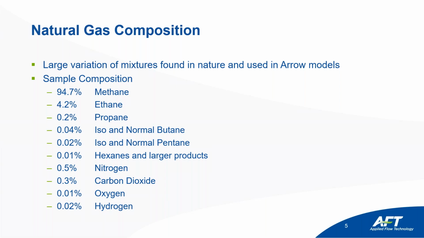Here's just a sample one, but whichever composition you are working with will be more specific to the well that you're tapped into. So here's just a sample composition where we see the mass majority is methane and ethane, as well as a few other hydrocarbons, nitrogen, carbon dioxide, and several other gases included.